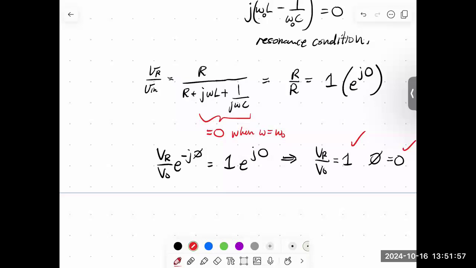And you'll get positive phase shifts if that imaginary part of the impedance is one sign, and you'll get negative phase shifts if it's the opposite sign. And so that really corresponds to whether your imaginary part of the impedance is more inductive or more capacitive. That will determine whether the phase is positive or negative.